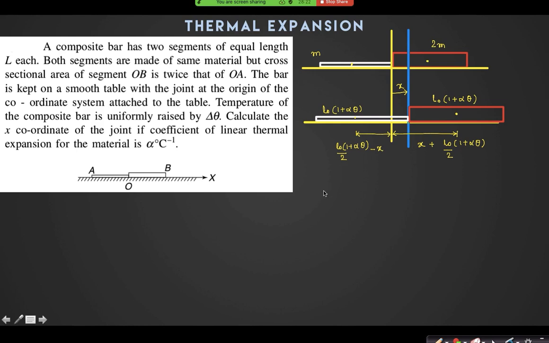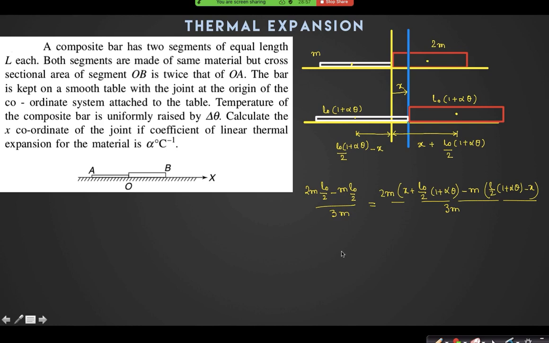So now I can equate the center of mass positions. Initially the center of mass will be (2m into L naught by 2 minus m into L naught by 2) divided by 3m, and that is the same as final: (2m into (x plus L naught by 2 into (1 plus alpha theta)) minus m into L naught by 2 into (1 plus alpha theta minus x)) divided by 3m.